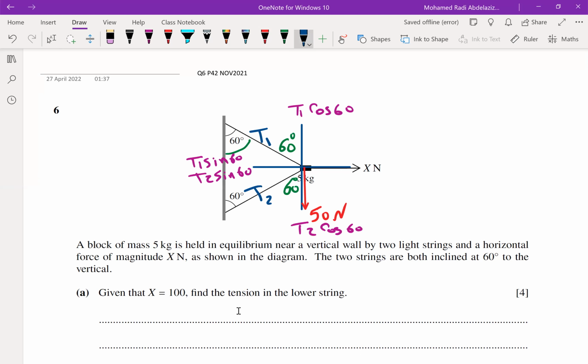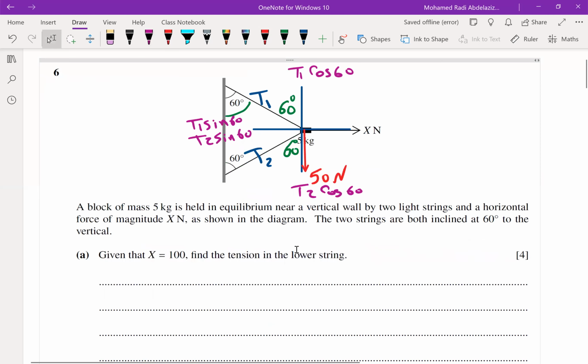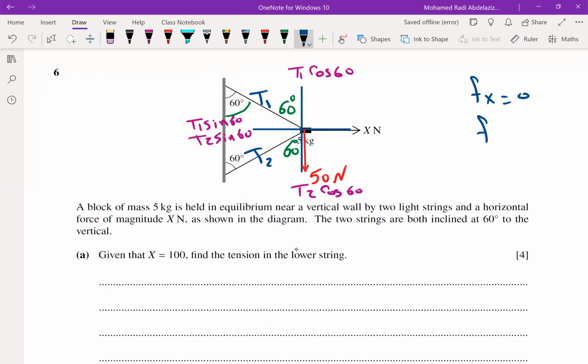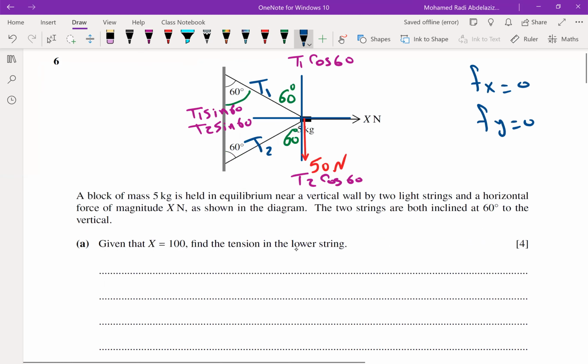The block is in equilibrium, so the sum of forces in x is equal to 0 and the sum of forces in y is equal to 0. This means the forces acting to the right equal the forces acting to the left. By looking at part A, it's given x is equal to 100. So form an equation for x, and form another equation for y, and solve the equations simultaneously.